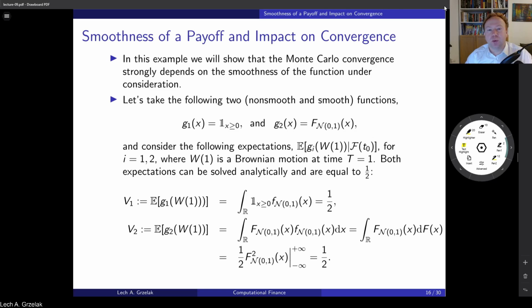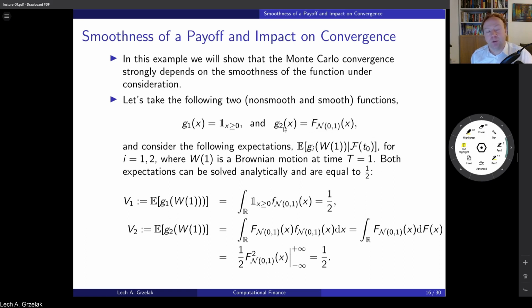In the previous examples, we have seen the relation between convergence, in terms of expectation and variance, and the number of Monte Carlo paths. Now we will investigate that further. For that reason, we will consider two functions, g1 and g2. As you can see, they are very similar. g1 is an indicator: for x bigger than 0 it is 1, and for x smaller than 0 it is 0.